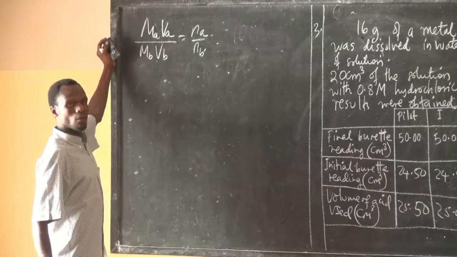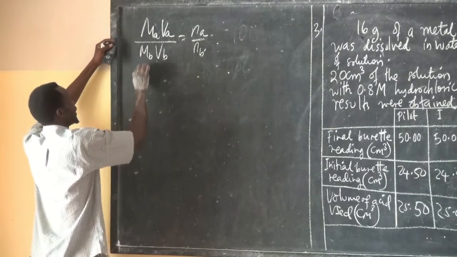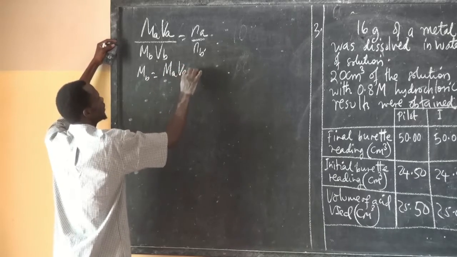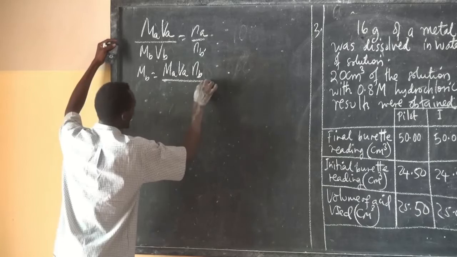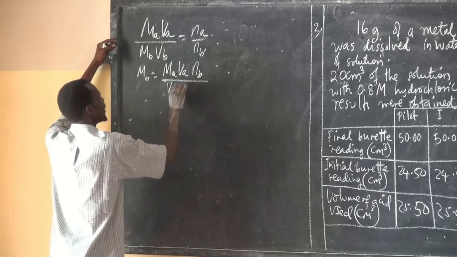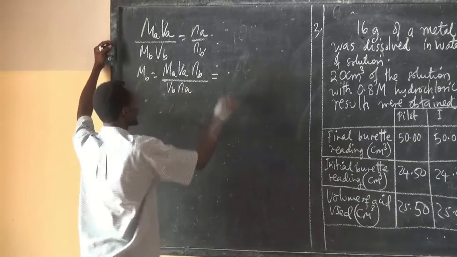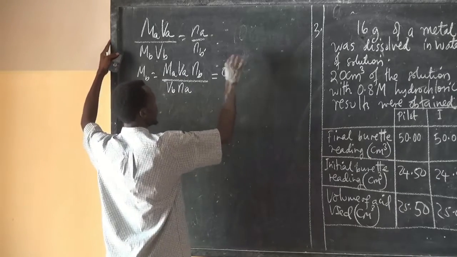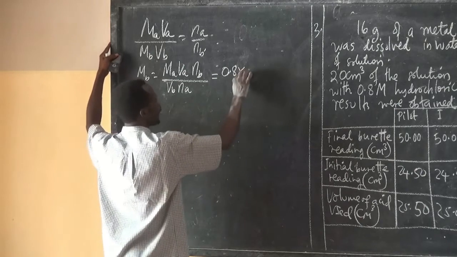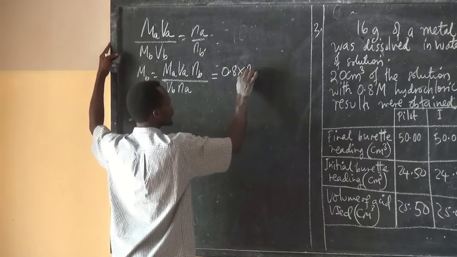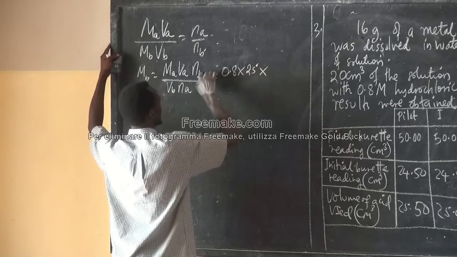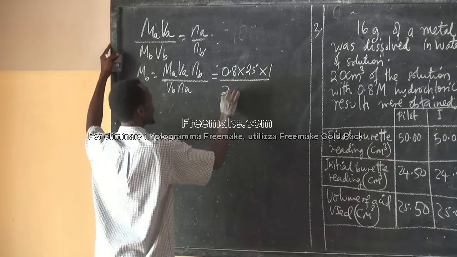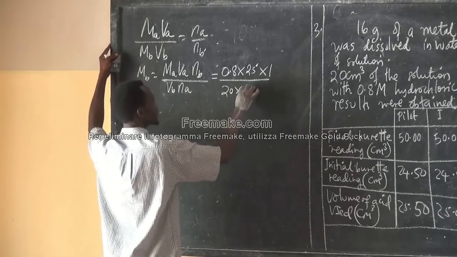Now, simple, we are looking for the molarity of base. Molarity of base is equal to molarity of acid times volume of acid times number of base, over volume of base times number of acid. Molarity of acid is 0.4, times volume of acid, 25, times number of base 1, over volume of base 20, times number of acid 2.